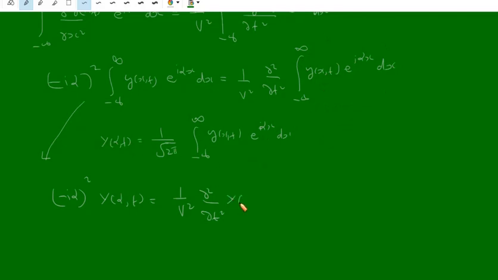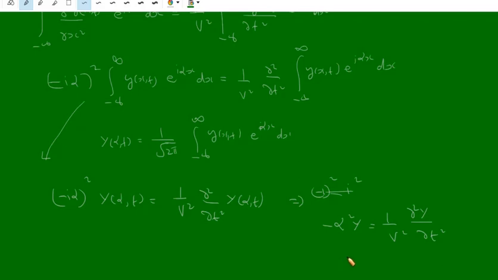Now 1 by root 2 pi cancels on both sides. So minus i square is minus 1, and we get minus alpha square y, writing y of alpha,t simply as y. Minus alpha square y is equal to 1 by v square dou square y by dou t square.